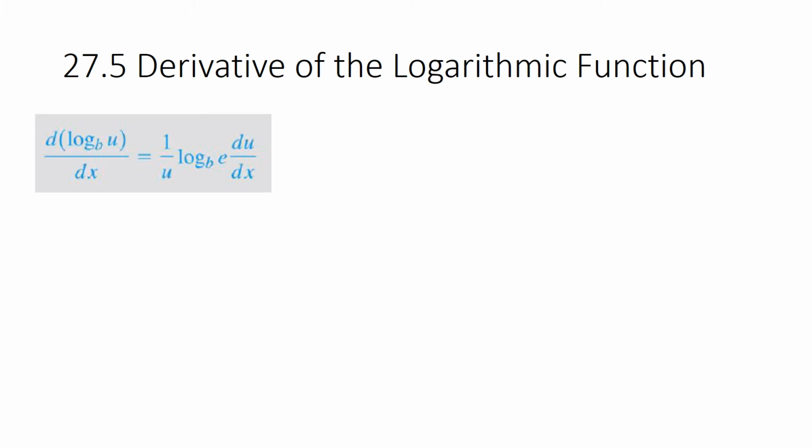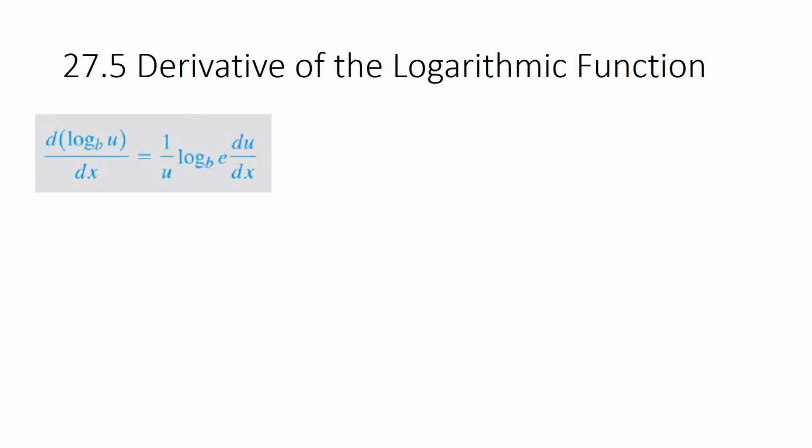So fundamentally, the derivative of a logarithm of some function of x, which we'll call u, is equal to 1 over u times the logarithm of e, all multiplied by the derivative of whatever u was.